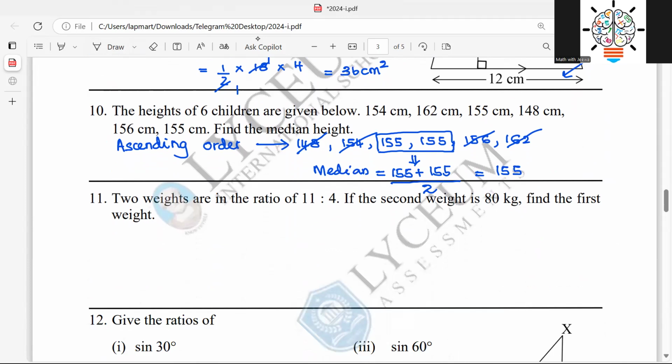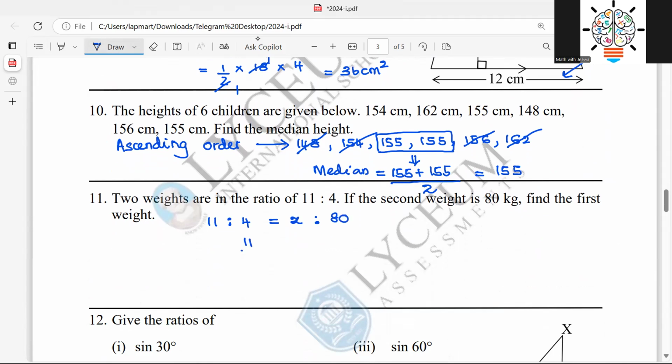Two weights are in the ratio of 11 to 4. If the second weight is 80, find the first weight. Now, 11 to 4 is the ratio. The first weight we don't know, but the second weight is 80.